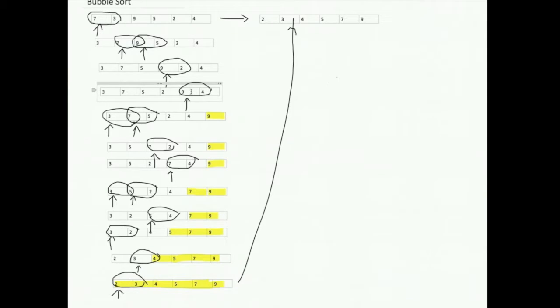And then we switched the pointer back to the first element. And then we went from 0th index to the 3rd index. And then we switched it again to the first element. And then we went from 0th index to the 2nd index. Then we switched back.